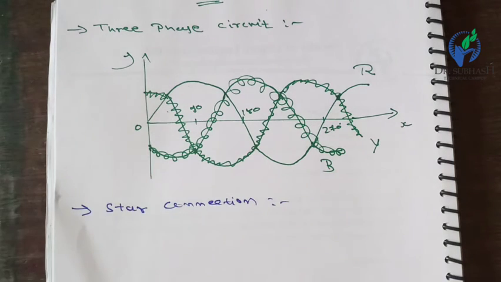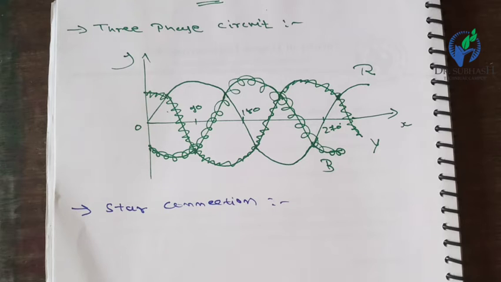The star connection requires a four-wire system in which there are three phase conductors and one neutral conductor. Such a connection is mainly used for long distance transmission because it has a neutral wire and a neutral point. The neutral point passes the unbalanced current to the earth, hence it makes the system balanced.